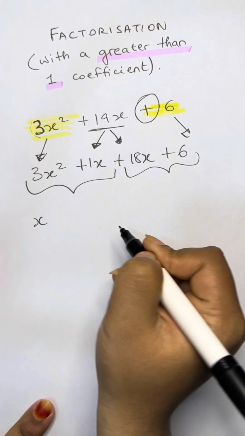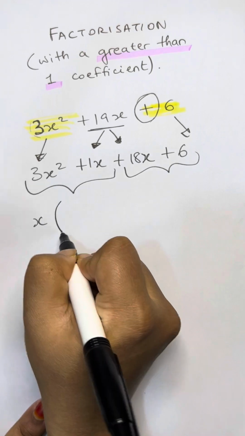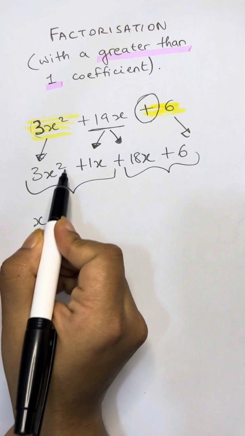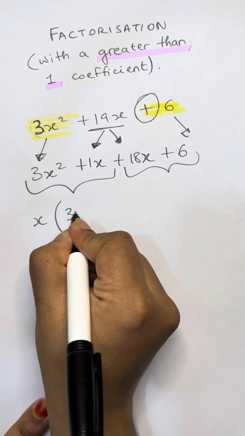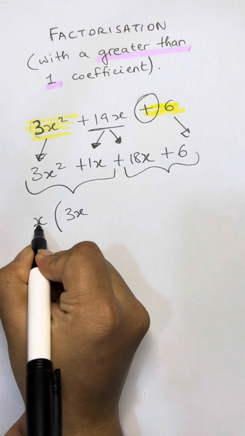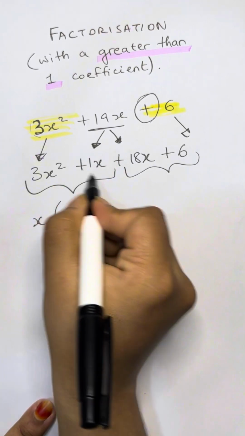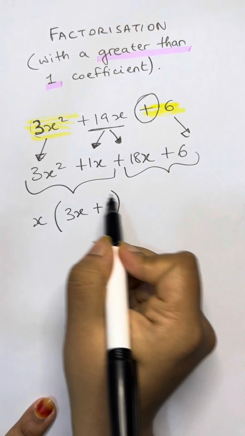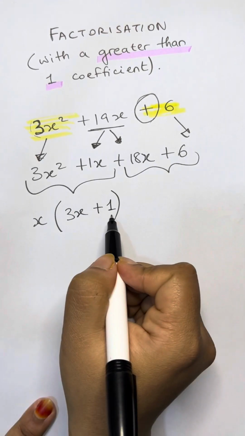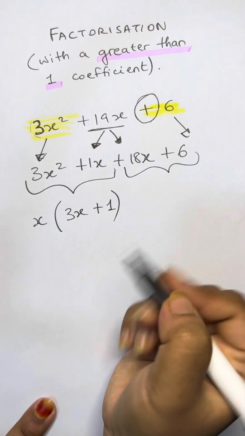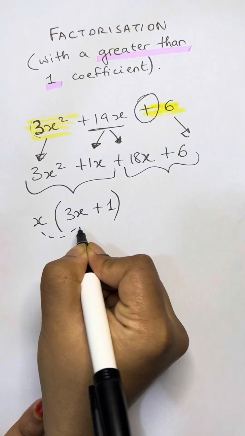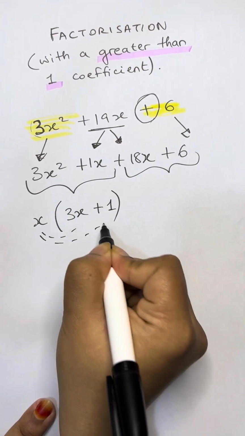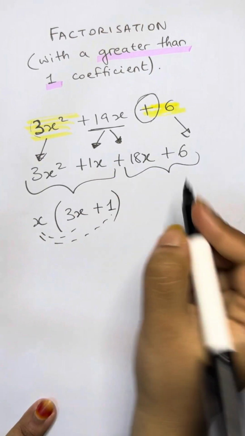So I'm going to write this x outside the bracket and then open up a bracket. x multiplied by what is going to give me 3x squared? That's just 3x. Then x multiplied by what is going to give me plus 1x? That's just plus 1. Now, visually, we need to understand if this is actually correct. So let's expand that in our head. x times 3x does give me 3x squared. x times plus 1 does give me plus 1x.